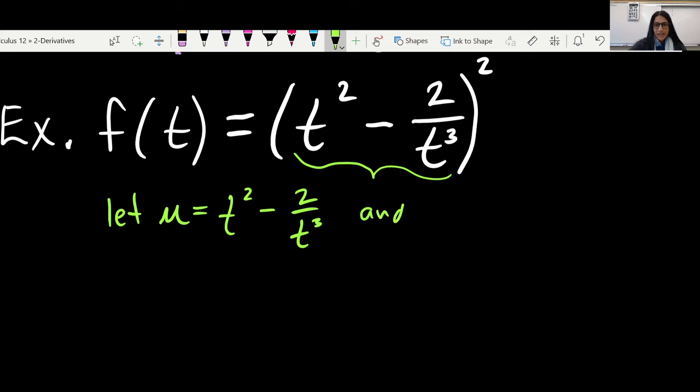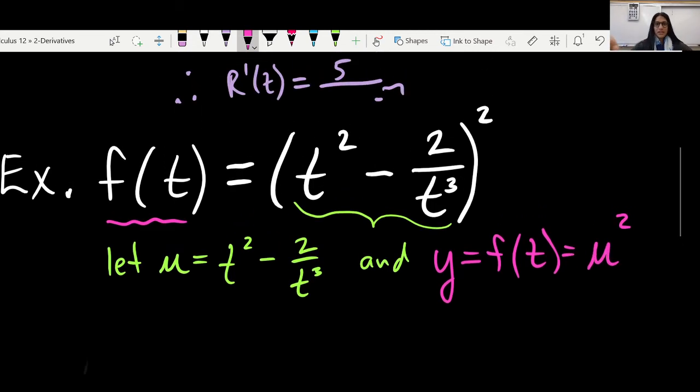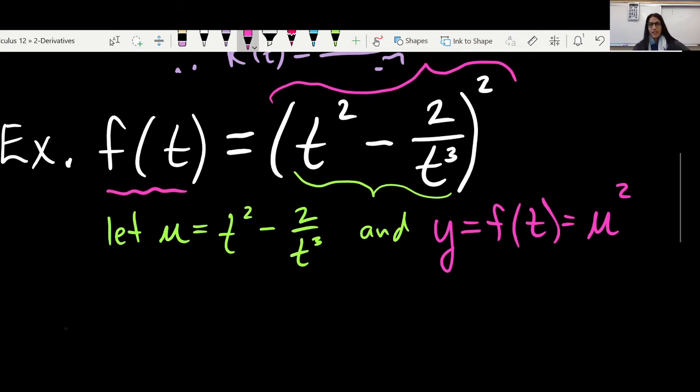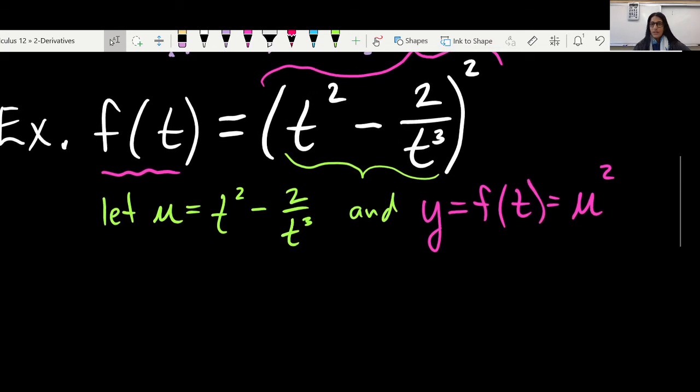Okay, and I'm going to just say y equals f of t, which is this part here, which is also just equal to u squared, if we're going to look at the bigger picture. And I guess to clarify that a bit, I mean that whole thing there. Okay, so we're basically just using substitution, calling these different things in order to simplify it a little bit.